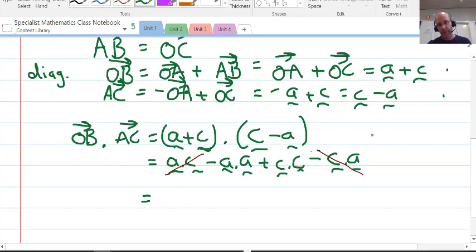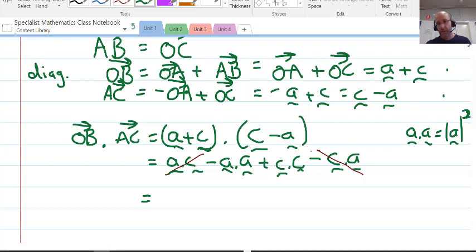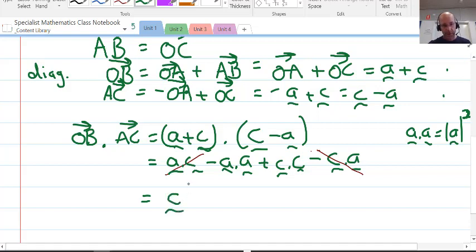The other thing you should remember too is something dotted with itself equals the magnitude squared. So a dot a is the magnitude of a squared. So we have the magnitude of c squared minus the magnitude of a squared. That's what the dot product equals.